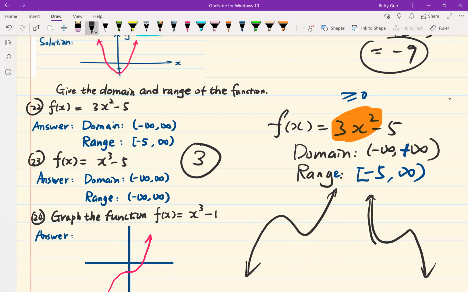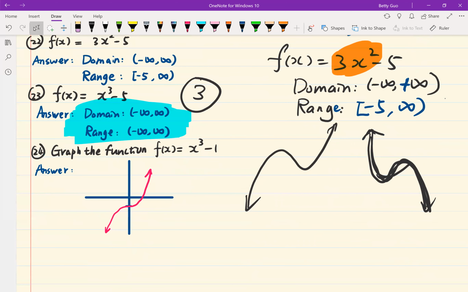You can tell for any polynomial function with degree 3, both the domain and range are all real. So you're going to choose negative infinity to positive infinity for both domain and range. That's number 23.